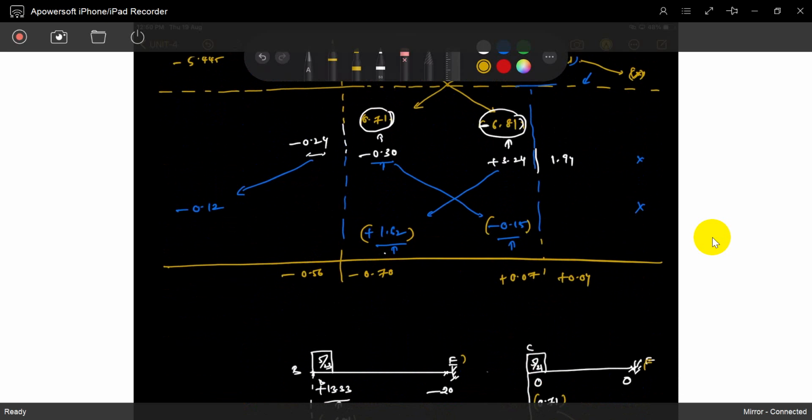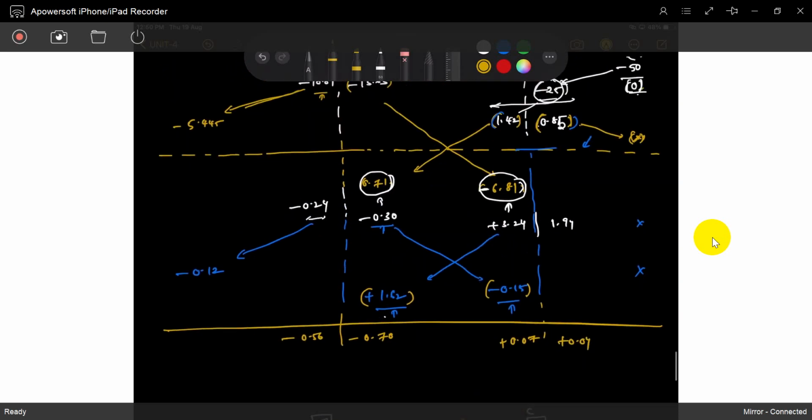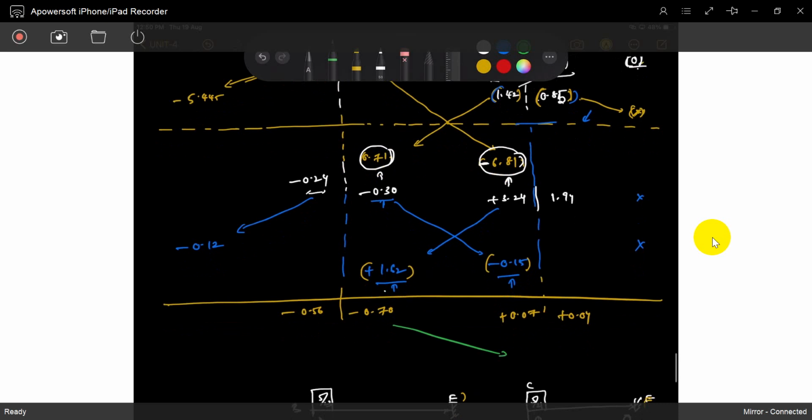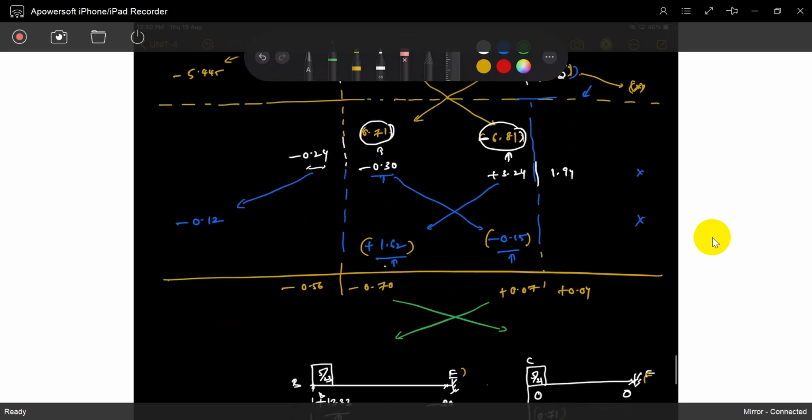Before stopping, you can consider the carryover factors only where the far end is there, because the others are very small and you can neglect them. If any outer ends are there, you can just distribute to them, and the remaining inside ones you can skip. Divide by 2, 0.28.